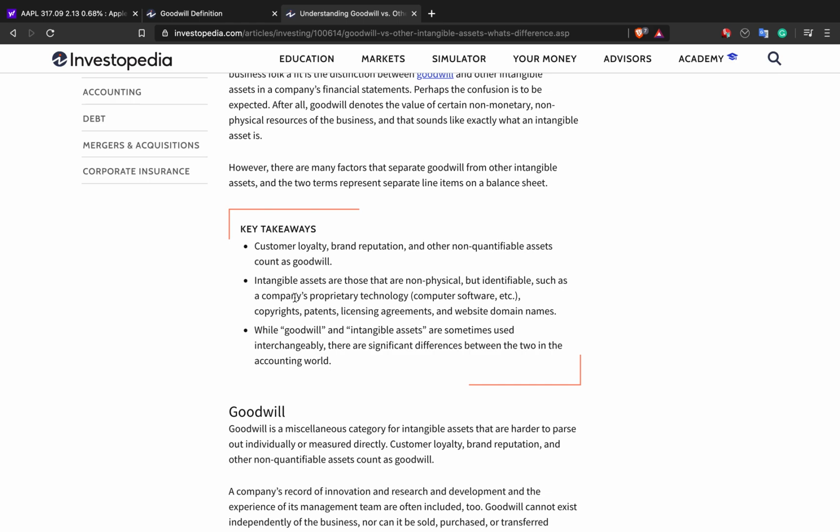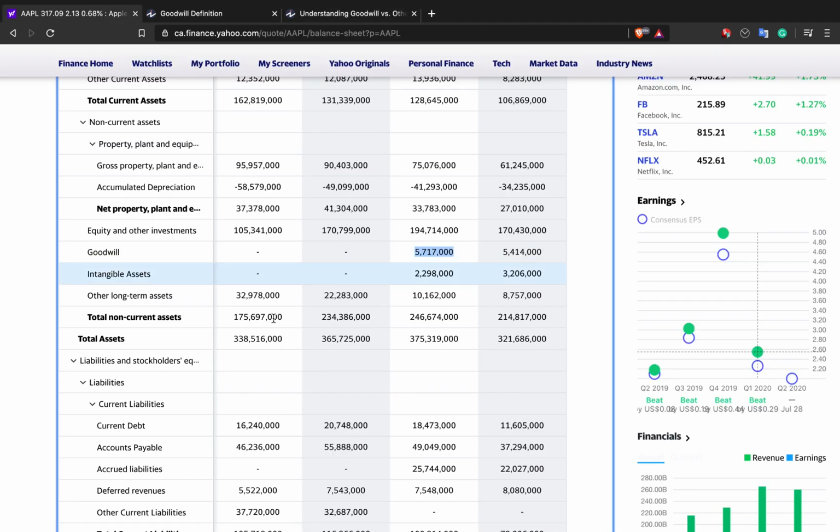But when you talk about intangible assets, it's those that are non-physical but identifiable, such as a company's proprietary technology, software, copyrights, patents, and licensing agreements. Let me give you an understanding a bit further. Let's say a company is valued at $1 million and you are to buy that business.